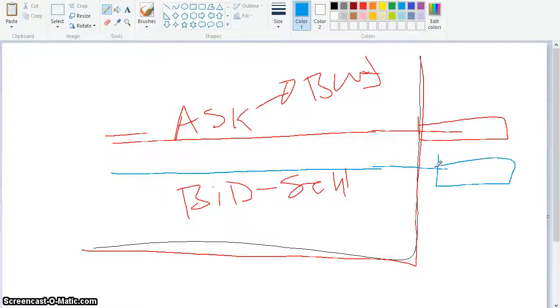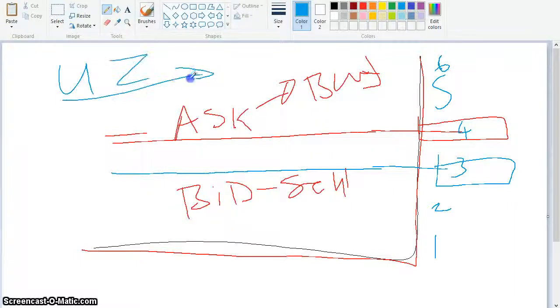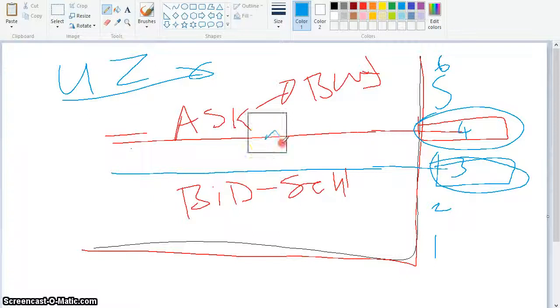So if this was a dollar and you wanted to buy this pair, they will sell it to you at 4 rand. But if you had a dollar in your position and wanted to sell it to them, they will buy it from you at 3 rand.